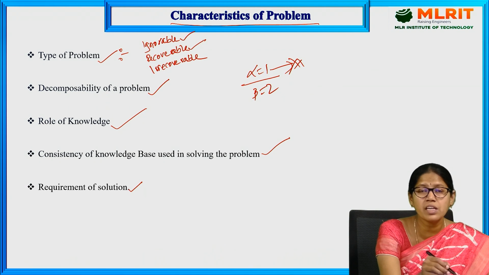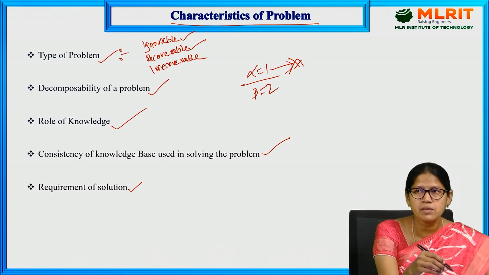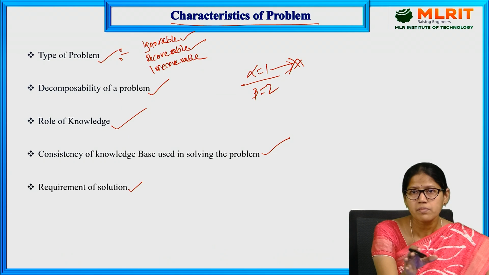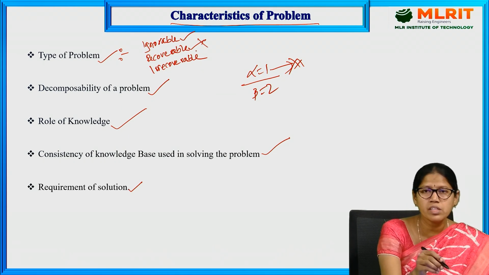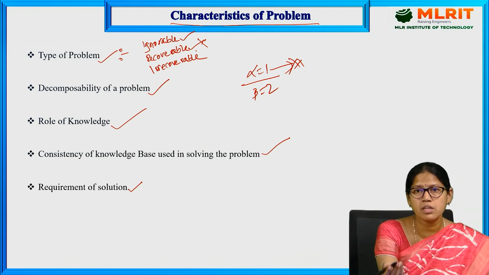The next one is recoverable. Recoverable means, for example, you are playing something and you made one move, and after some time, when the opponent takes his turn, you realize that you made a wrong move, then you can recover that, meaning undo the previous move, and make another move.